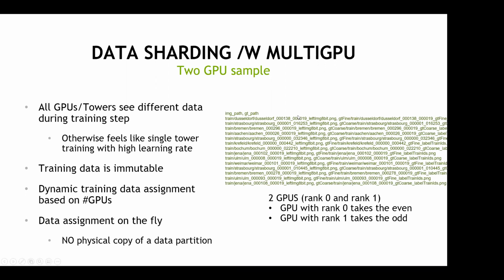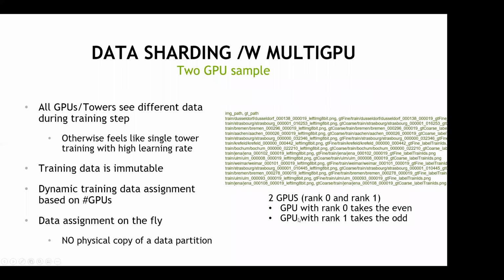And actually what we are going to do here is to say, well, one has to take care of all the elements with the remainder of 0. The other has to take care of the elements with the remainder 1, and so on, depending on how many GPUs we have. In that sample, we say, let's have 2 GPUs here. How does it look like?